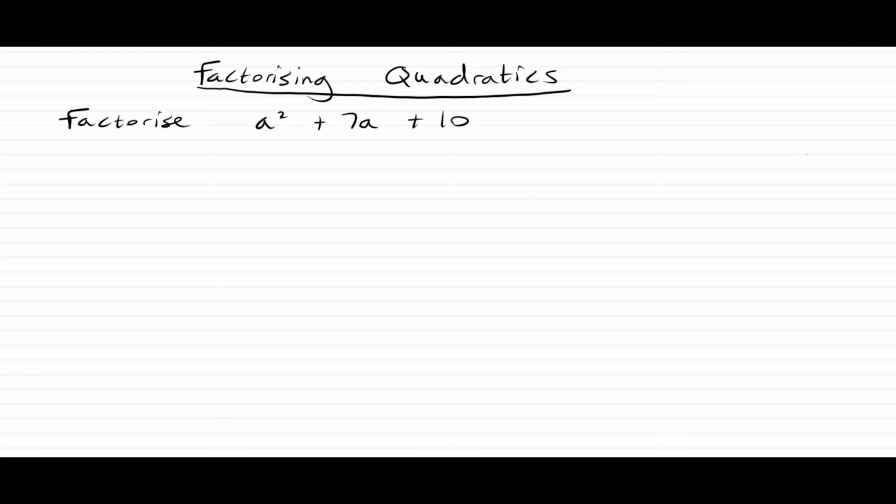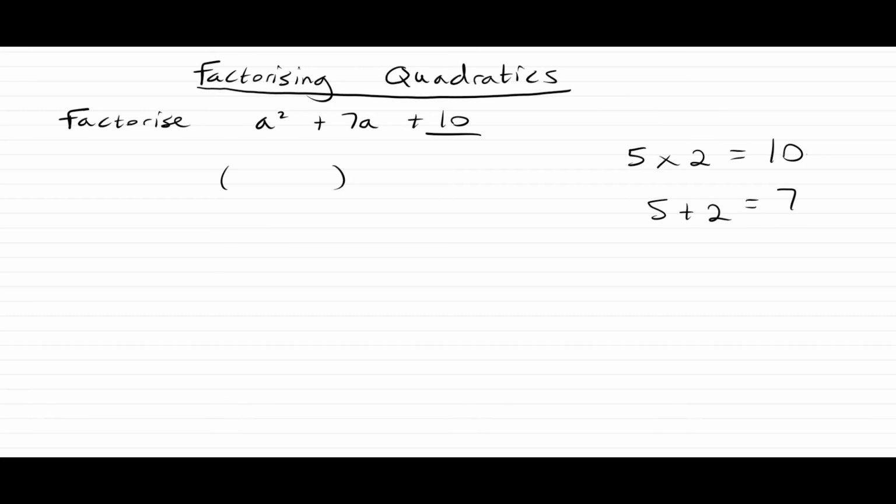Right, so you may get a question and they may ask you to factorize a squared plus 7a plus 10. Again, I'll just focus on the plus 10 and the 7. I'll figure out two numbers that multiply together to give me 10 and add together to give me 7. And it's going to be 5 and 2 again, because this one's quite straightforward. 5 times 2 gives you 10, and 5 plus 2 gives you 7.